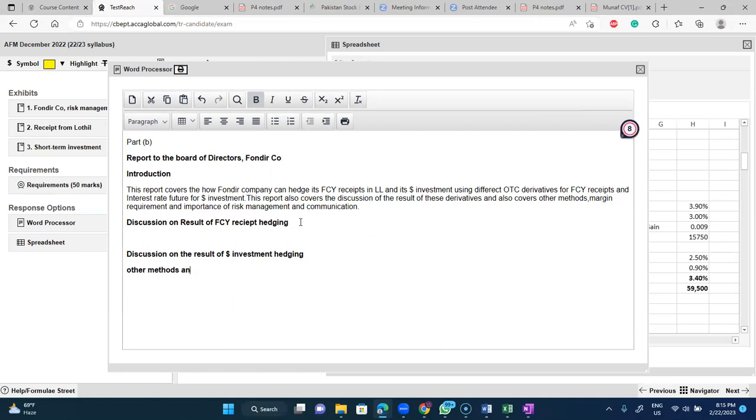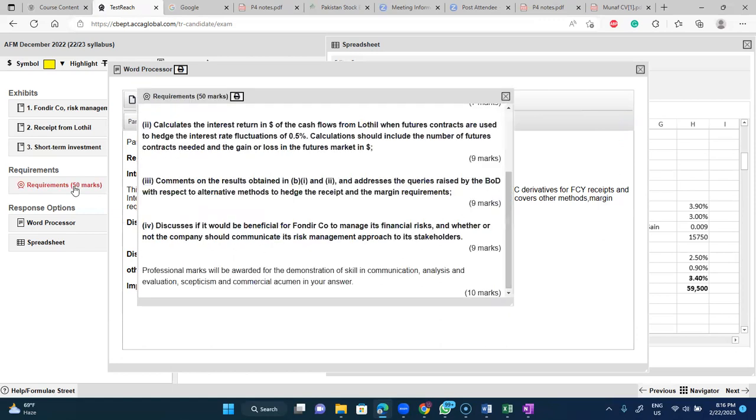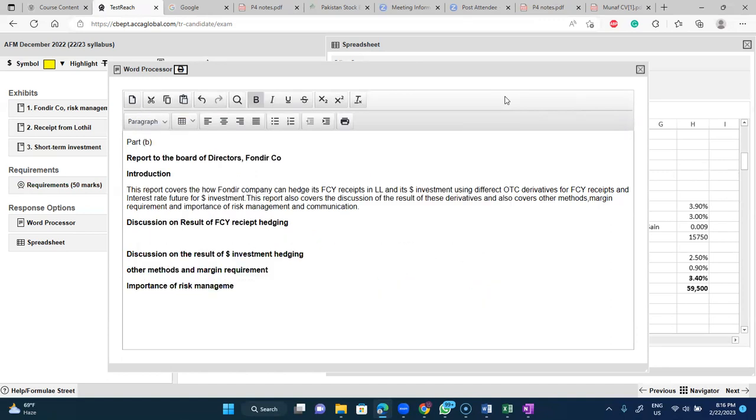Other methods and margin requirement. And the next heading should be importance of risk management. What was the requirement, by the way? Importance of the risk management and communication.